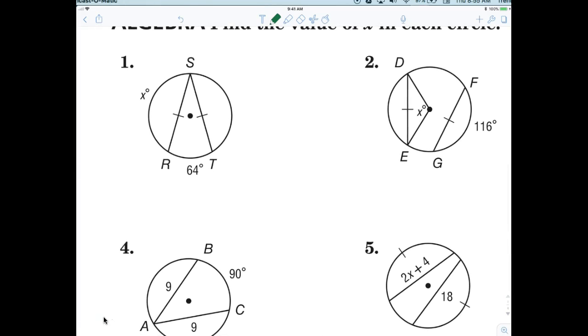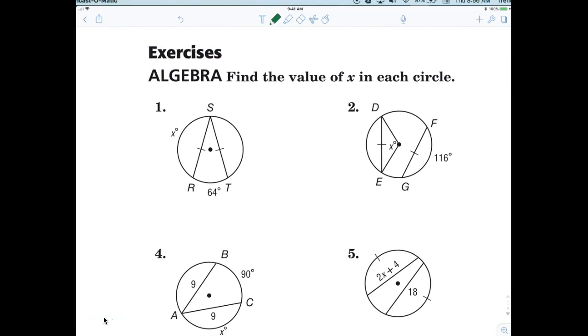So how do I figure out what x is? How many degrees is x? Brilliant. Oh, you can do 360 minus 64 divided by 2. Exactly. 148. Everybody happy with 148?